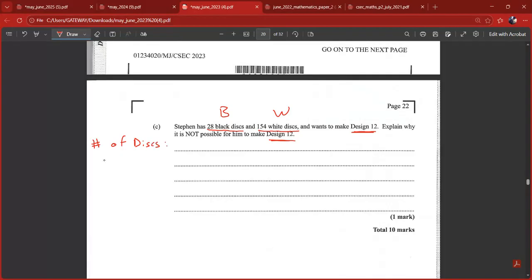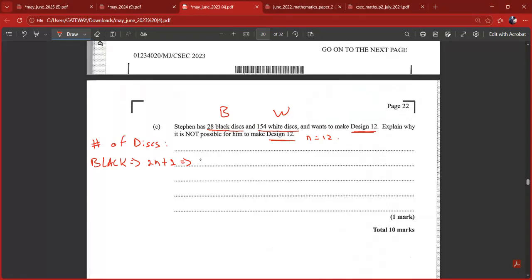Starting off with the black. The formula is 2n plus 2. But what is the value for n? Since it's design 12, n will be equal to 12.